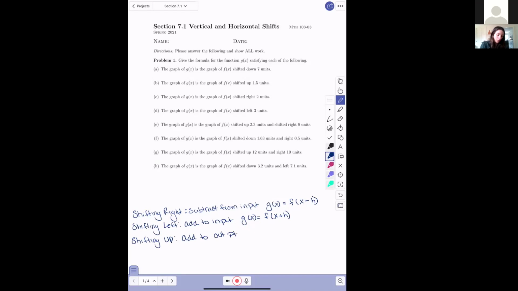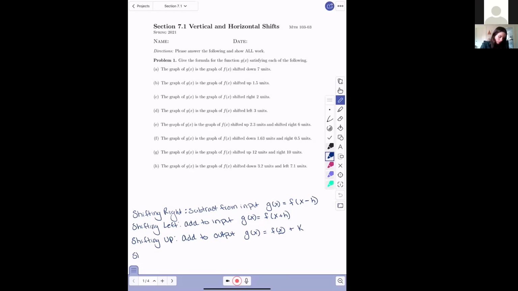And all that means, because that could be a little confusing, is this: if we're adding to output, we're changing the function, but we have g of x is equal to f of x, so nothing is happening to this input. And then we add the k value, the amount that we're shifting up.